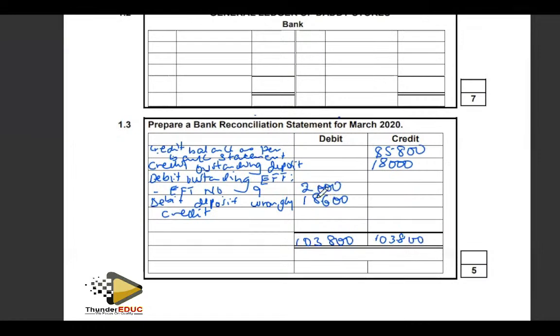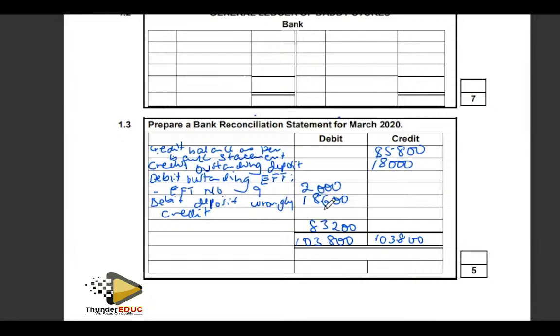So I have to add this side and get what's the difference. So I'm going to just subtract off these two, minus 2,000, okay. So minus 2,000, I'm getting that, minus 18,600. My balance is 83,200. I'm sure you're also getting the same.